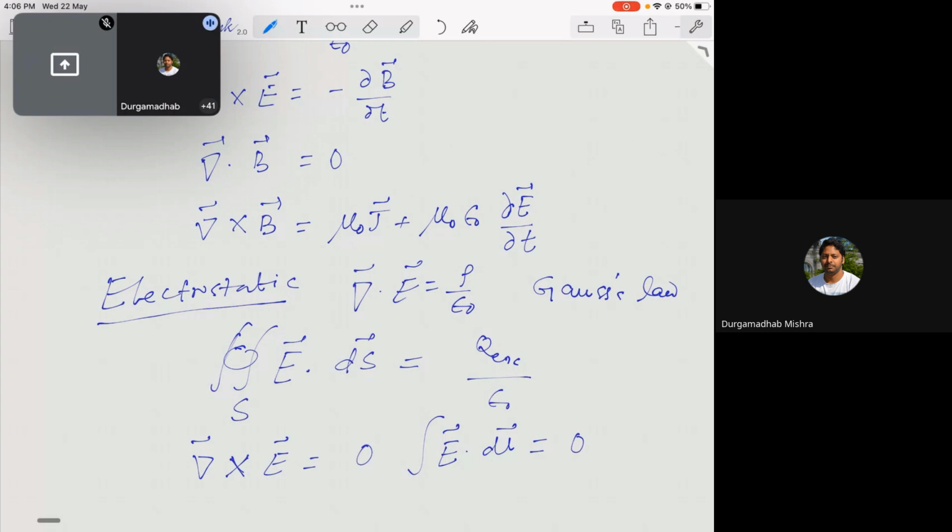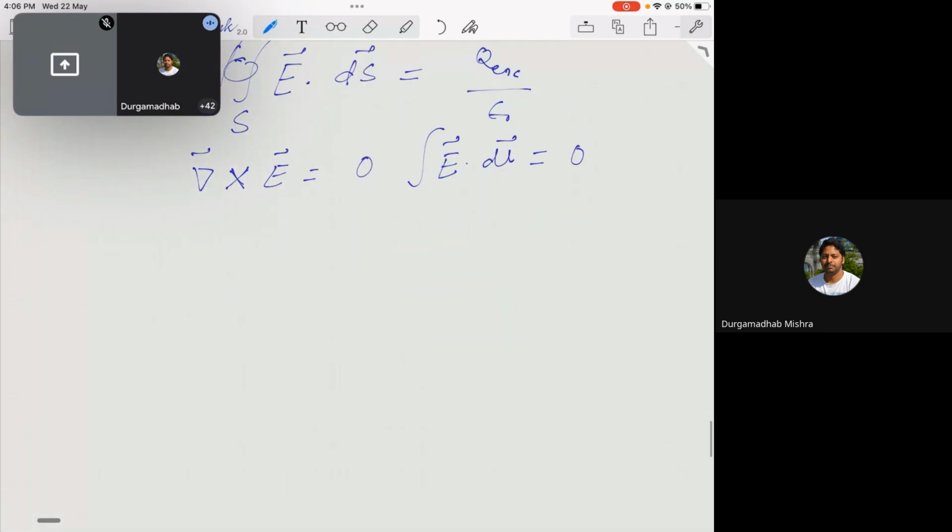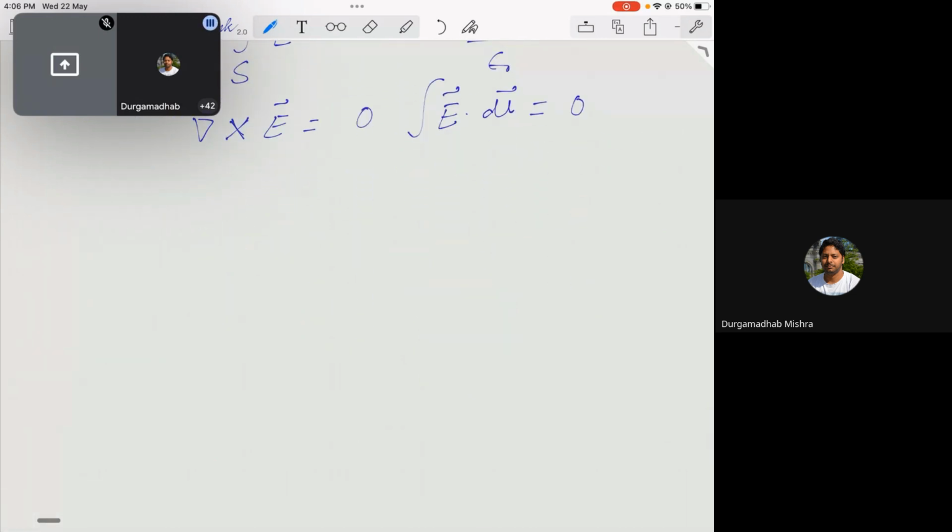This, in a way, can be summarized in this kind of figure. I have three quantities: one is rho, another is my potential V, and another is the electric field E. We are trying to correlate these three quantities in electrostatics.